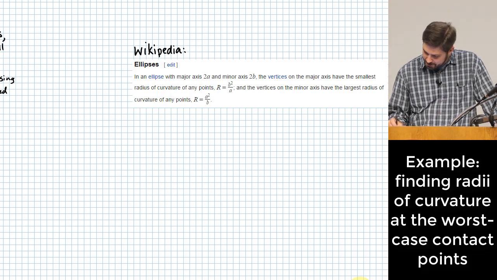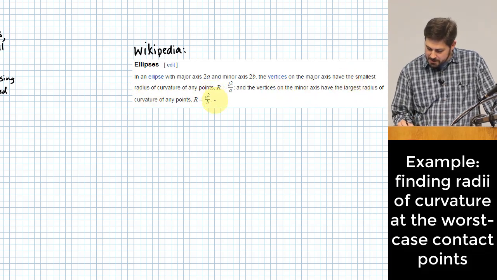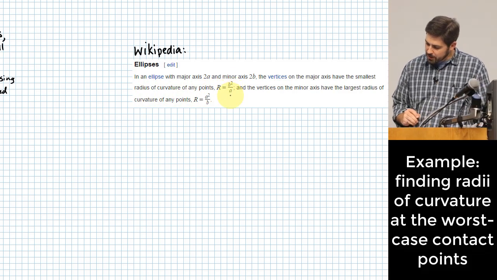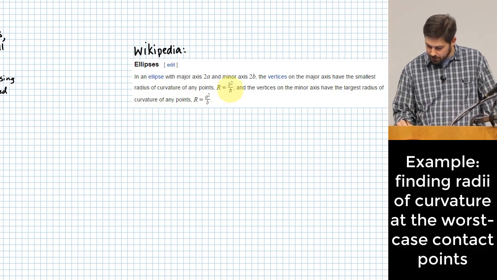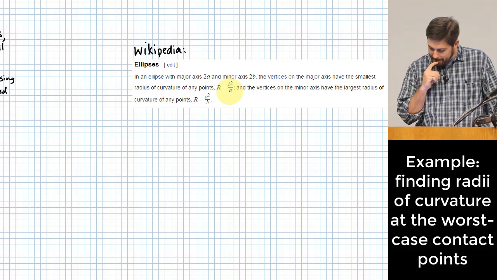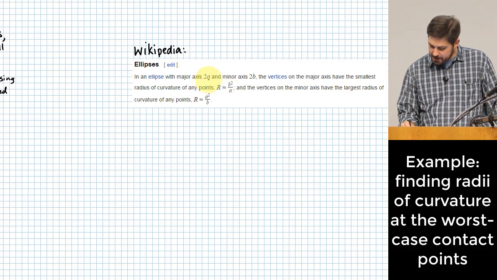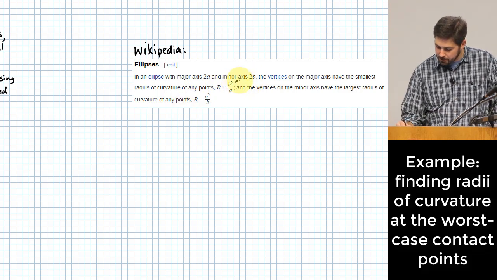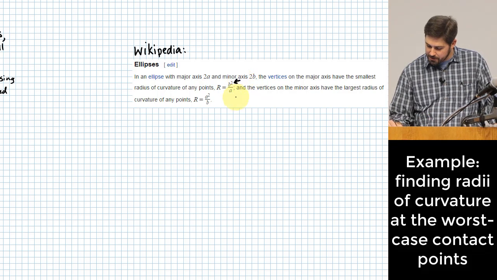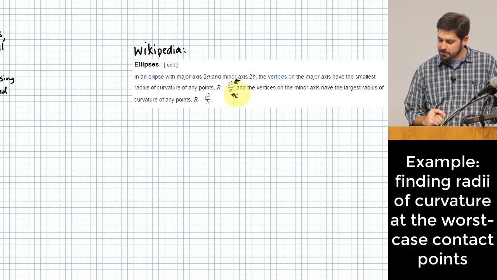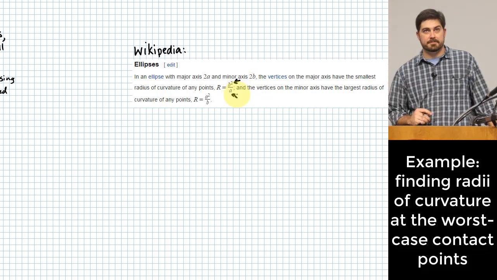Radius of curvature for an ellipse. On the major axis, it has the smallest radius of curvature, and it's based on b squared over a, where the major axis has a length of 2a and the minor axis has a length of 2b. So the numerator there is for the minor, and the denominator is for the major axis.